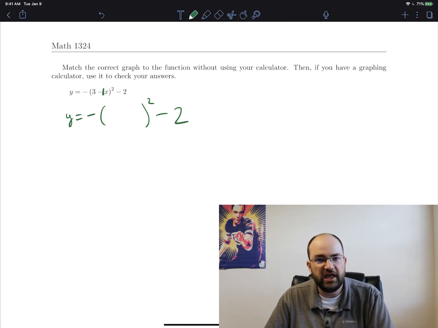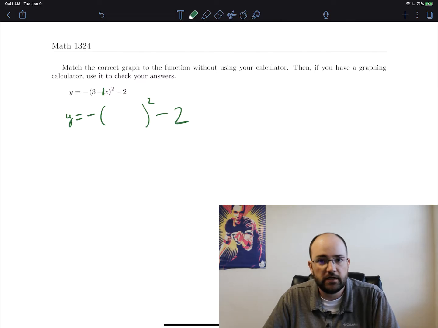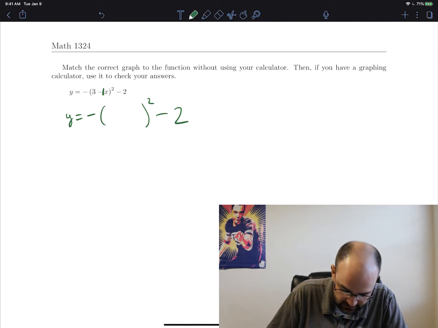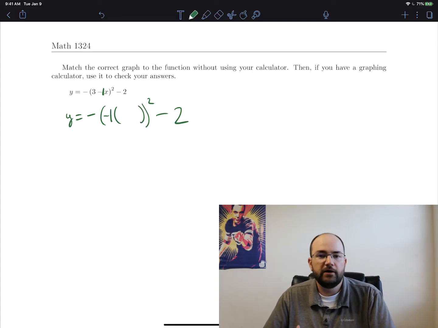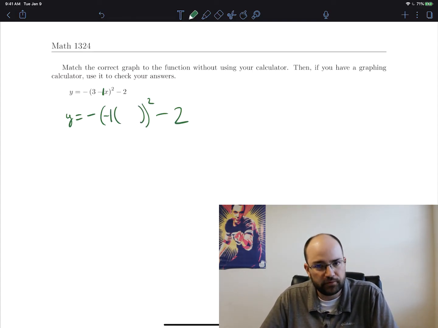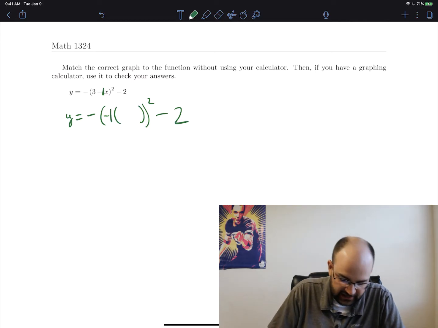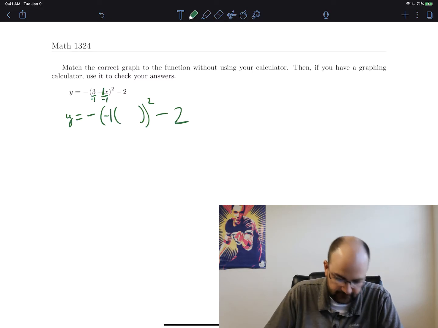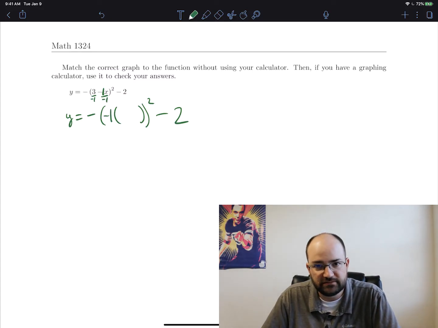We have an understood negative 1 in front of the x. So we're going to factor that negative 1 out within that parentheses. I'm going to write down negative 1 and then open a new parentheses. Factoring something out is the same thing as unmultiplying, in other words, dividing every term within that parentheses by a negative 1.